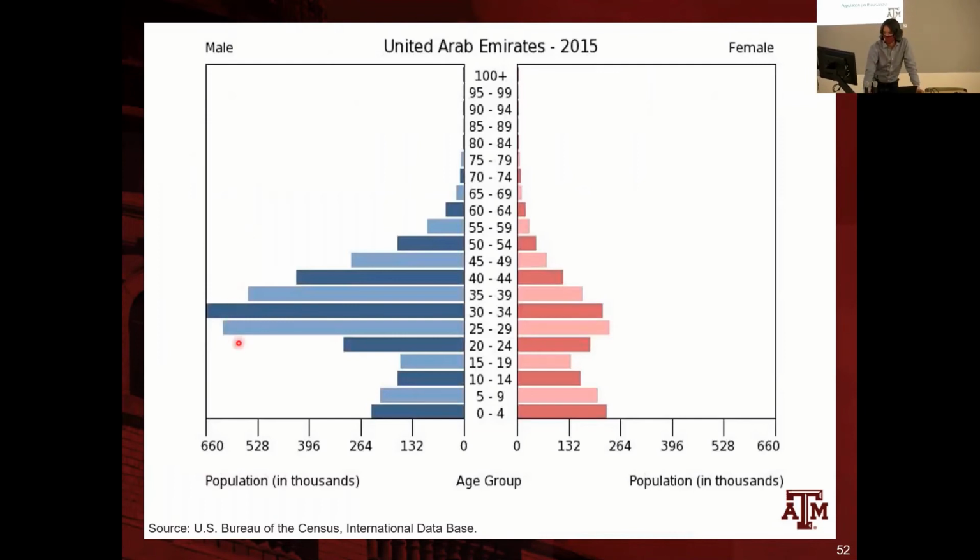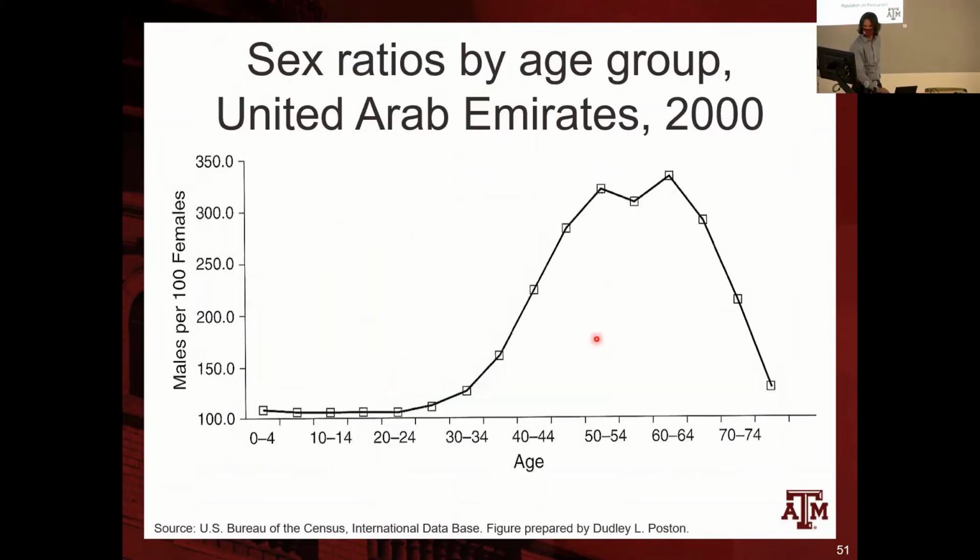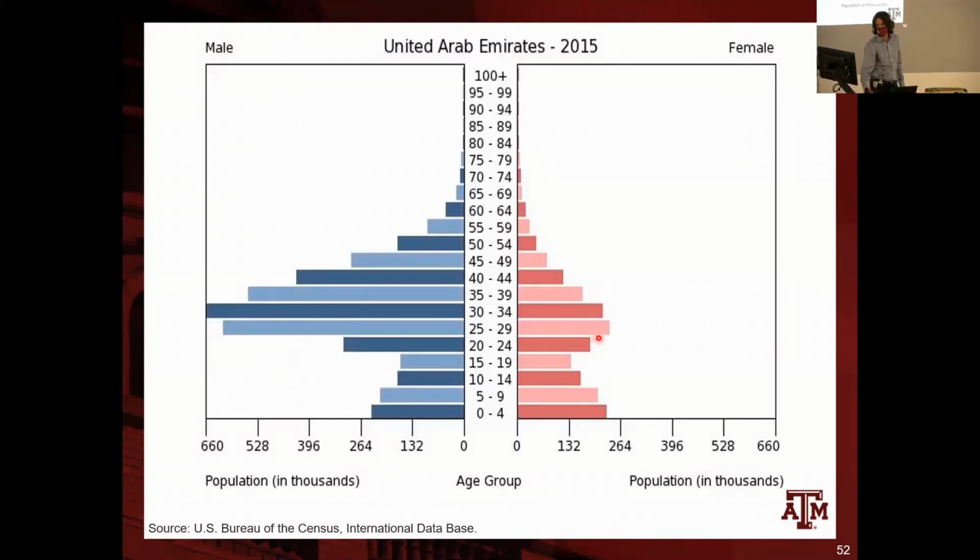And then we see many more men in these age groups between 20 and 54. Many more men here compared to women, right? The data here is from 2000, and this is data from 2015, but it shows the pattern. It's consistent over time, okay? Because that's how the society relies on these workers.